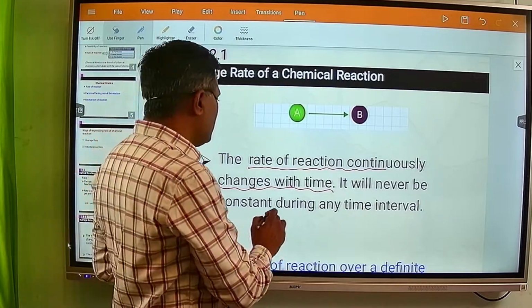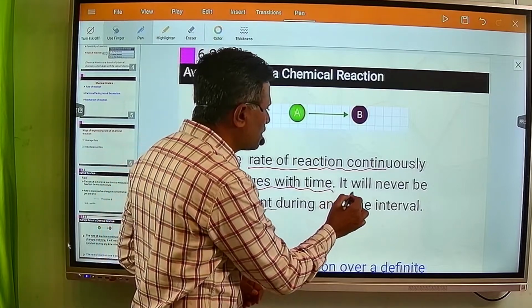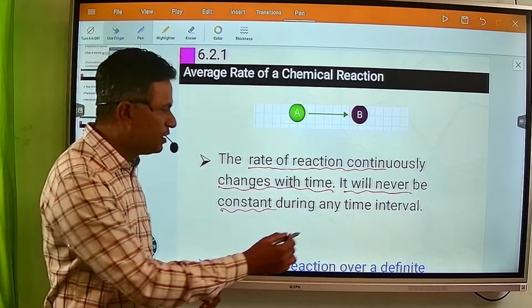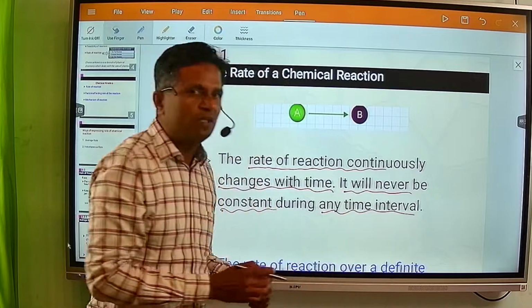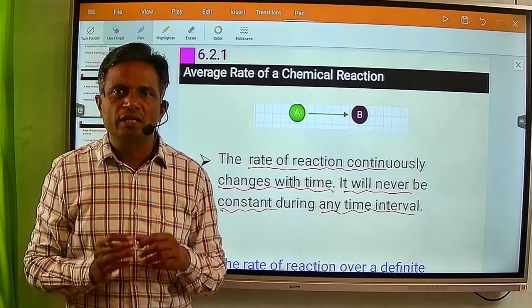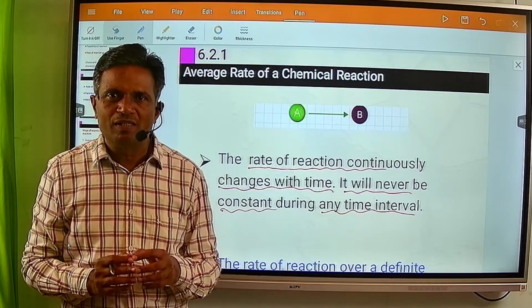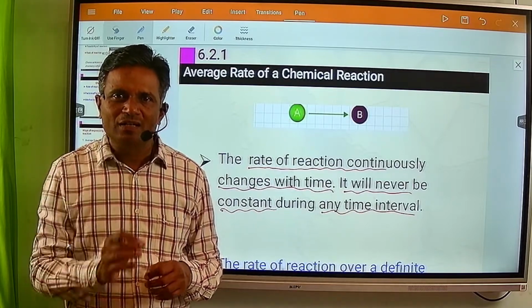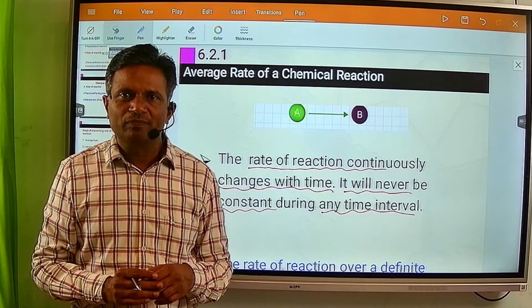It will never be constant. Remember this one, it will never be constant during any time interval, because the concentration of reactant continuously changes with the time.